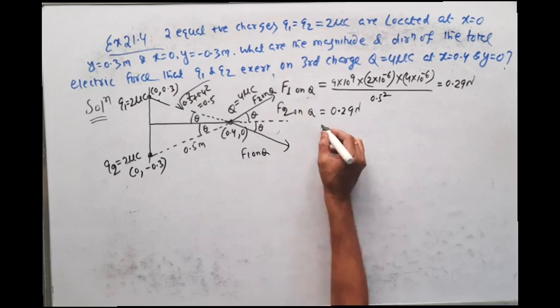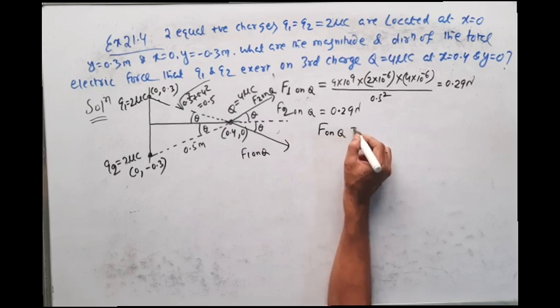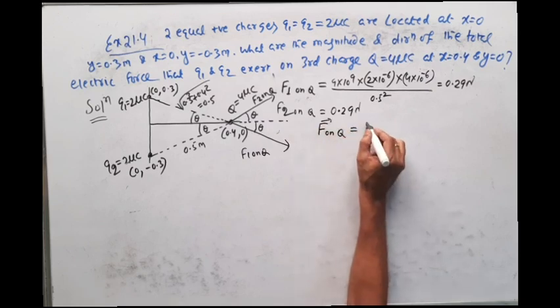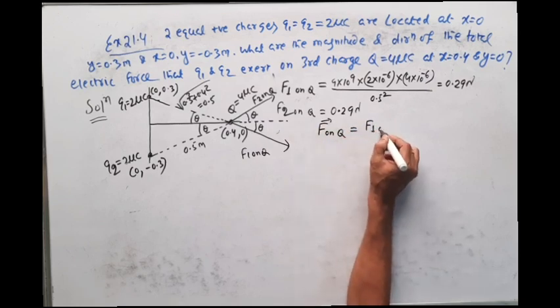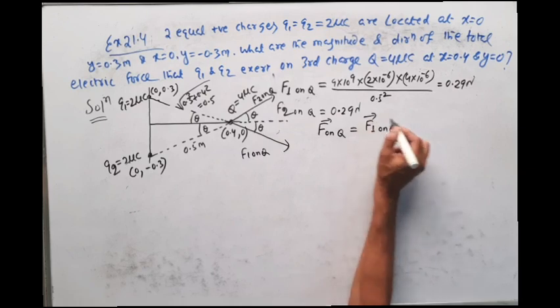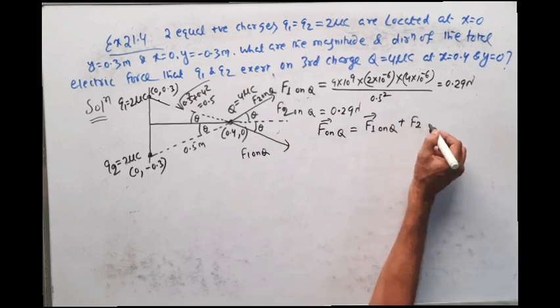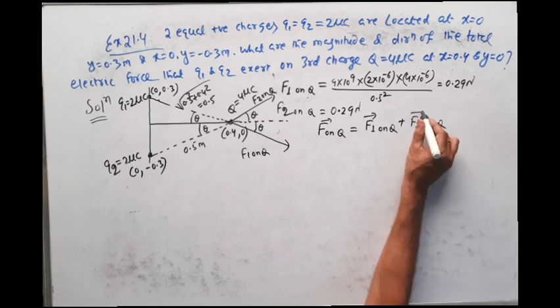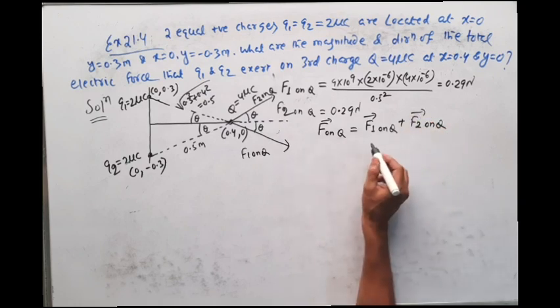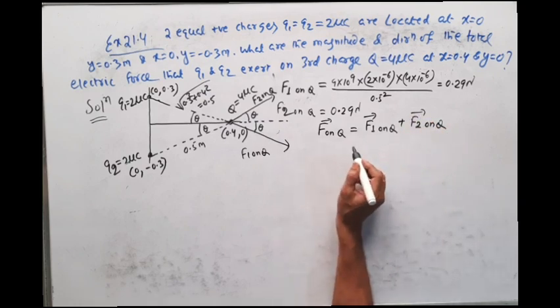So we will find the total force on Q charge. Total force on Q charge is nothing but force by Q1 on Q plus force by Q2 on Q. You just add vectorially. How will we add this vectorially? By using the component method.